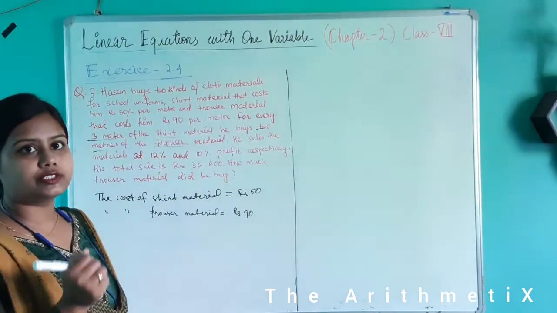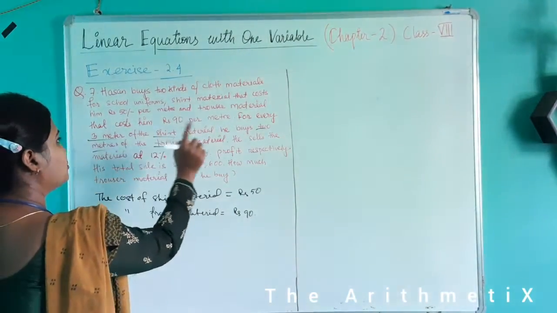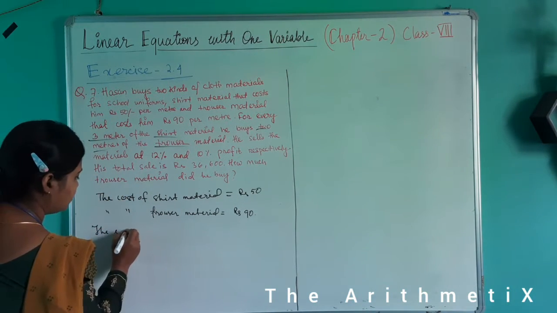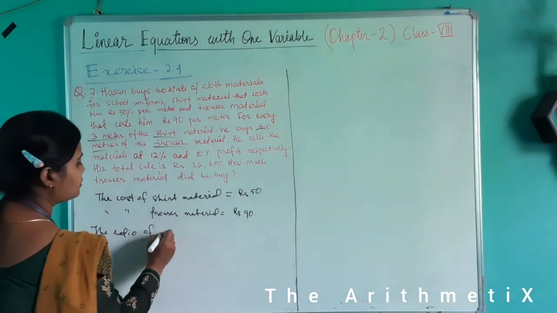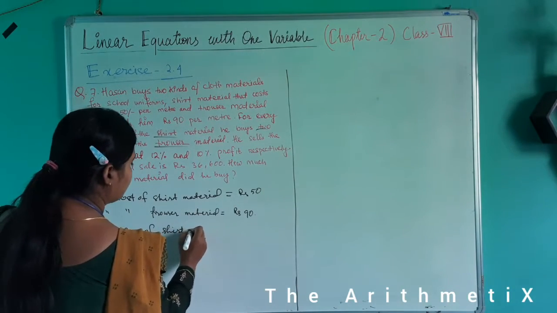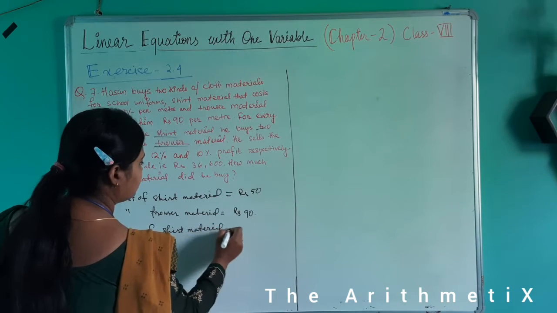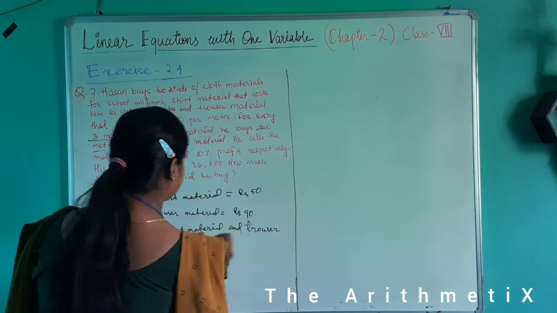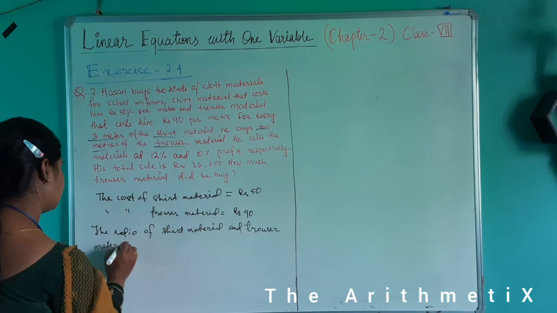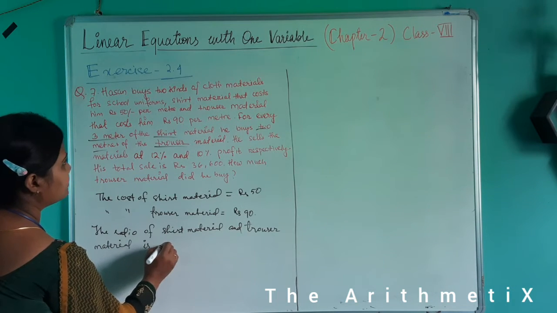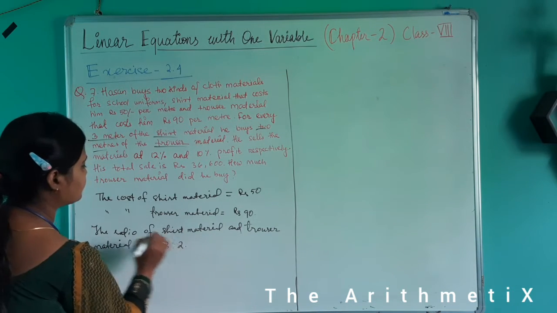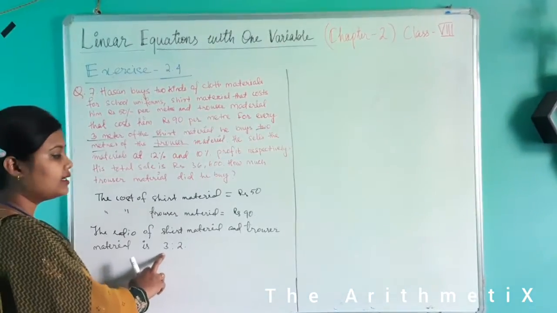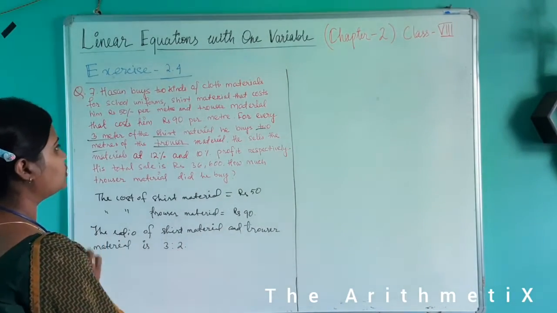Means the ratio of shirt to trouser material is 3:2. So let us consider shirt material is bought 3x and trouser material is bought 2x.